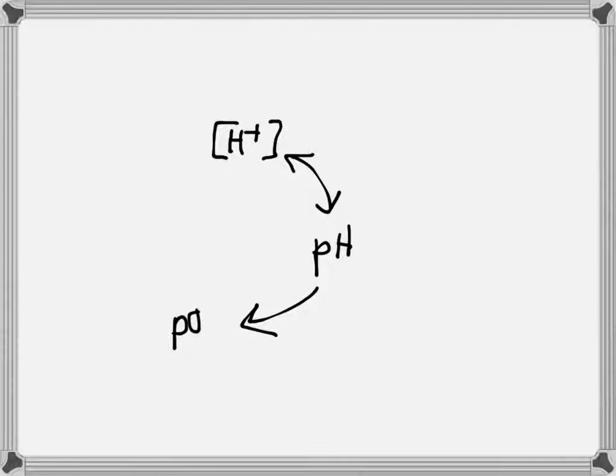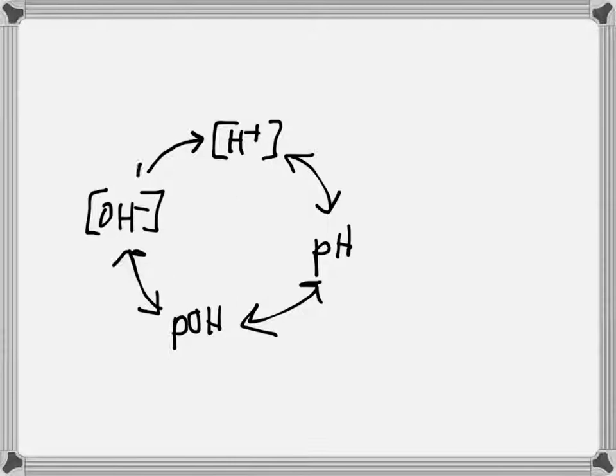There's this circle. We've got hydrogen ion concentration, and from that we can calculate pH. From pH we can calculate pOH. From pOH we can calculate hydroxide ion concentration, and then we can go back and forth between these two.